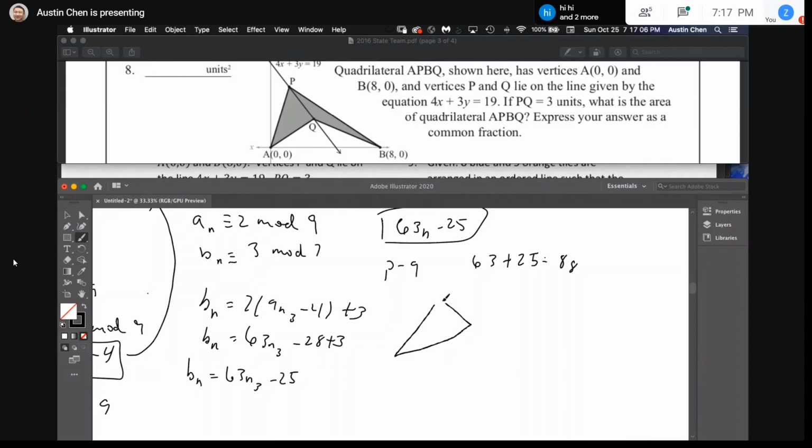So we can first look at APQ. Its base is 3, and then we want to find the height. My drawing is pretty bad, but it's like here.